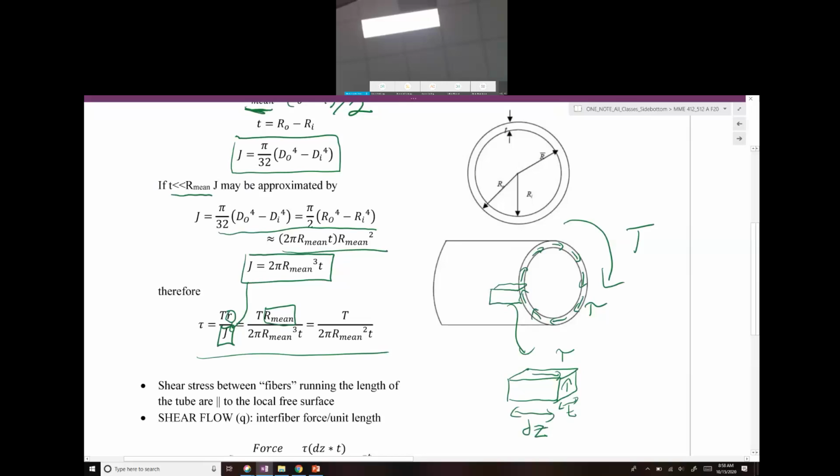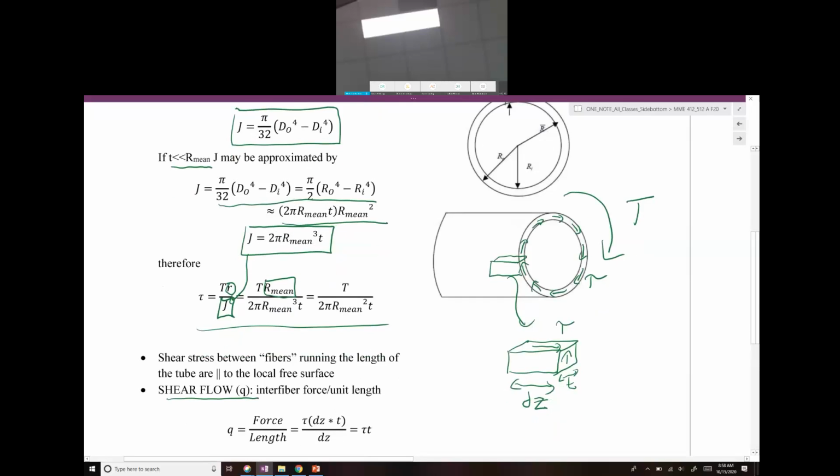What we're going to do is define something called the shear flow for this element, which is going to be the force along our fiber, or the small element here, divided by the unit length.